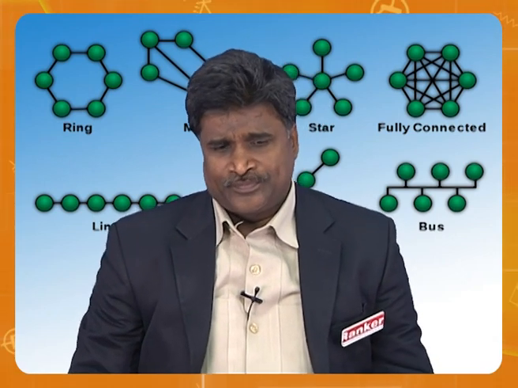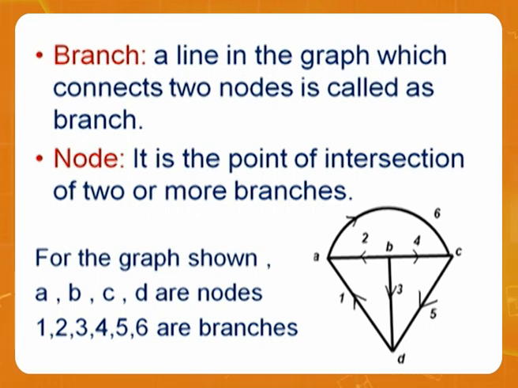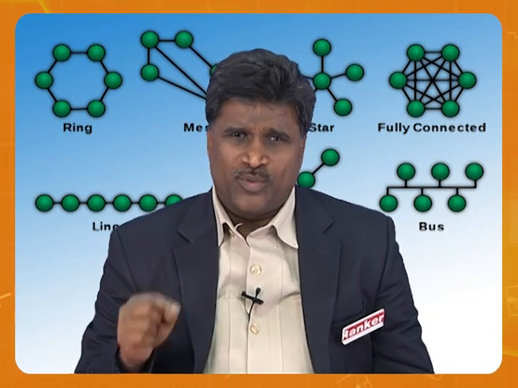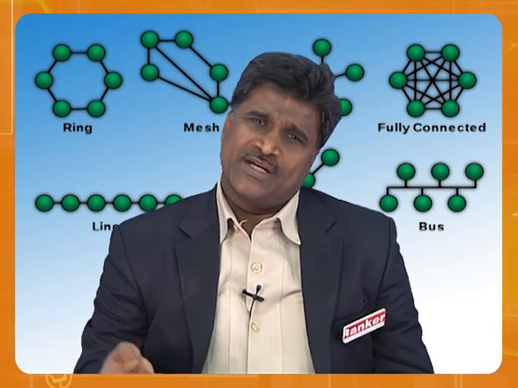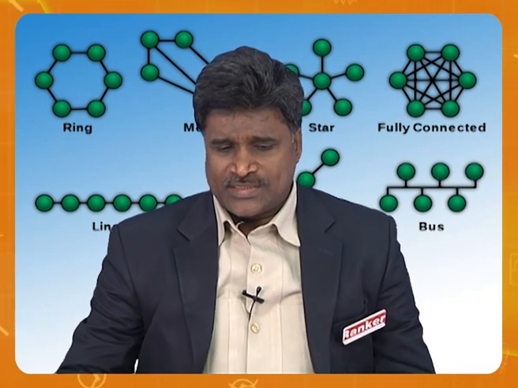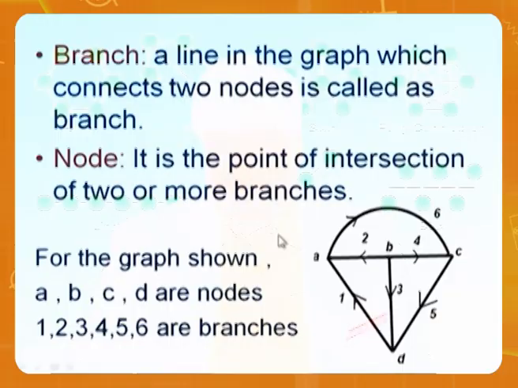Next one, branch. A line in the graph which connects two nodes is called a branch. A node is a point of intersection between two or more branches. Preferably, right from the beginning I have been telling, node means a point where there is a current division. Wherever there is a division of current, we will treat it as a node. For example, look at this graph.